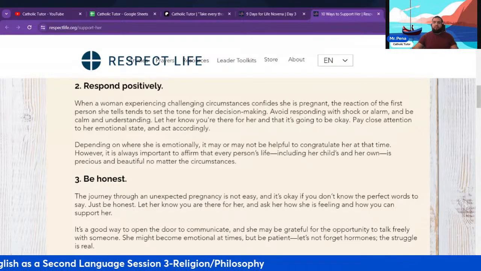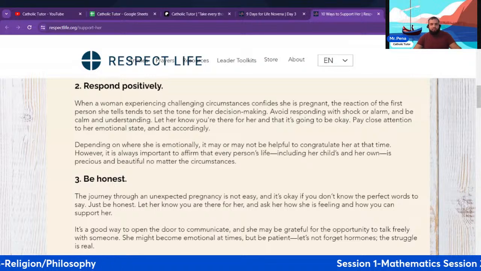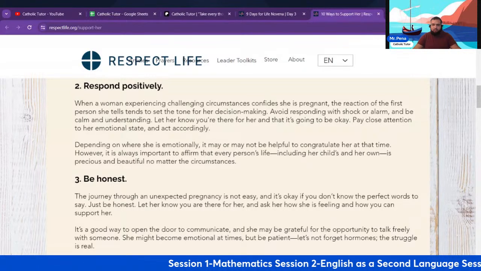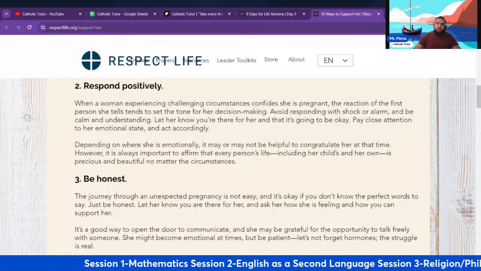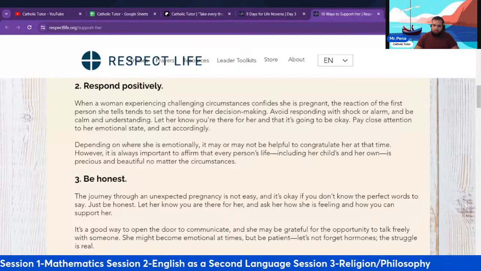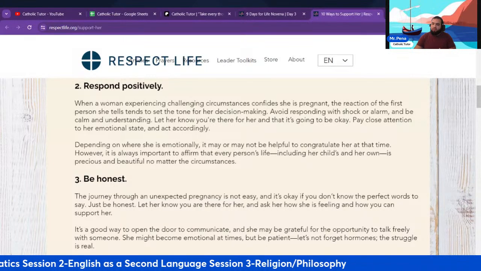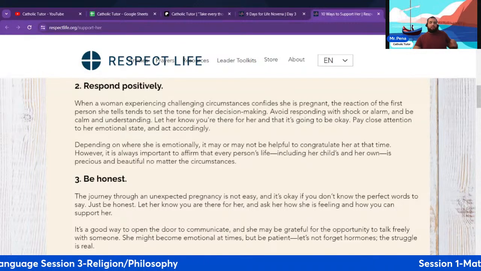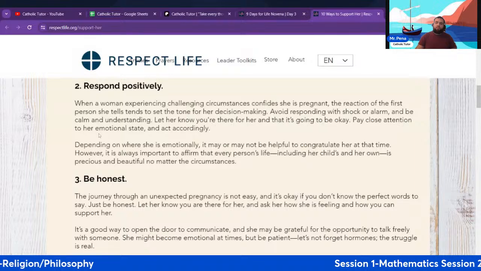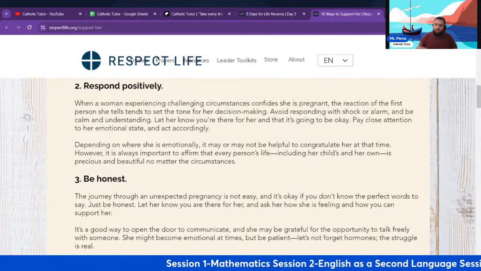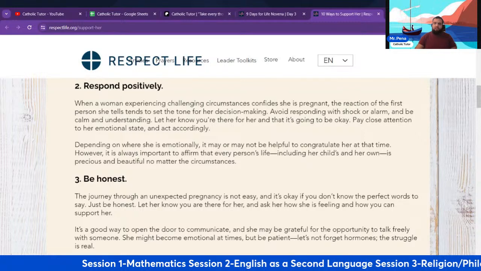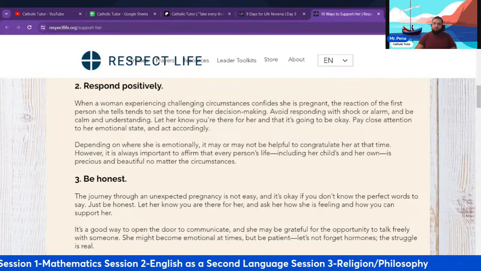Let her know you're there for her and that it's going to be okay. Pay close attention to her emotional state and act accordingly. Depending on where she is emotionally, it may or may not be helpful to congratulate her at that time. However, it is always important to affirm that every person's life, including her child's and her own, is precious and beautiful no matter the circumstances.